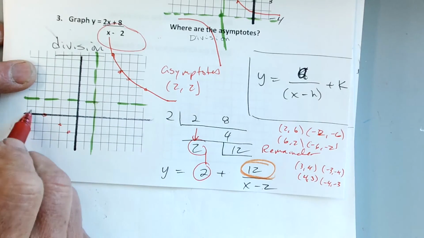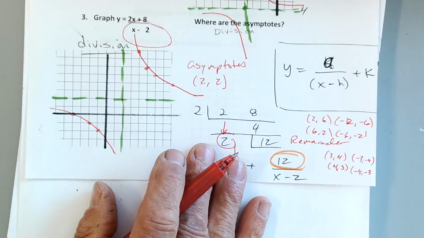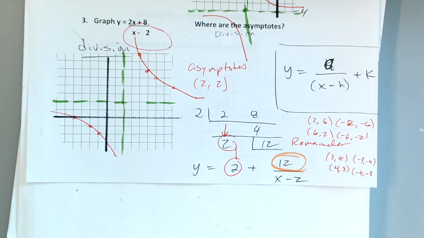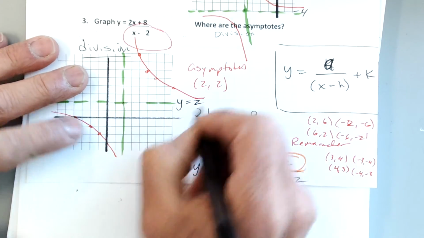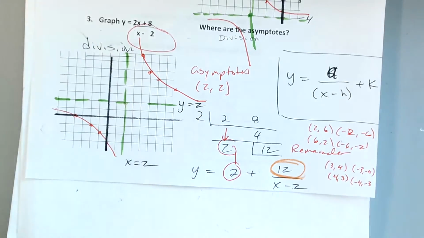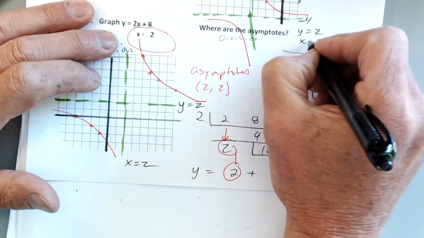Okay, and then there it is. So where are the asymptotes? The asymptotes are at y equals 2 and x equals 2, okay?